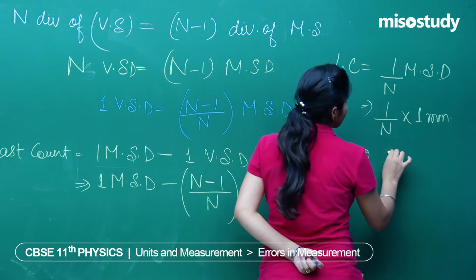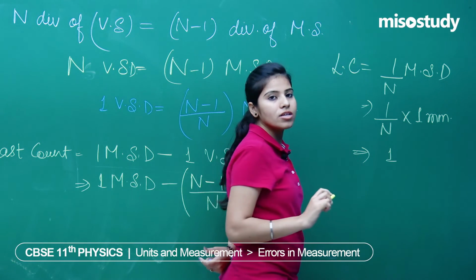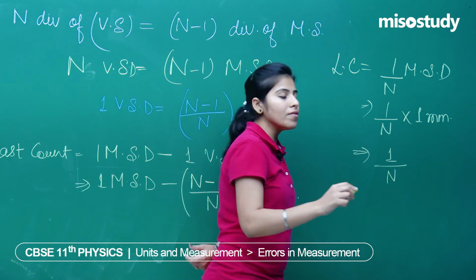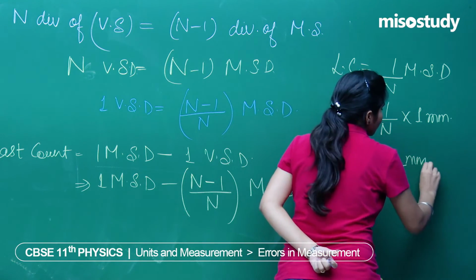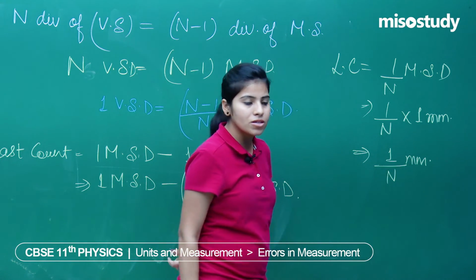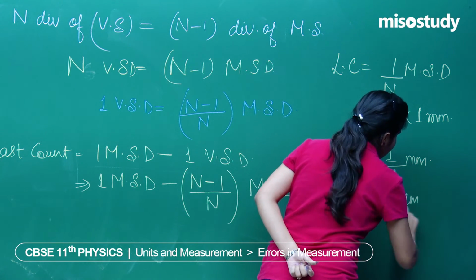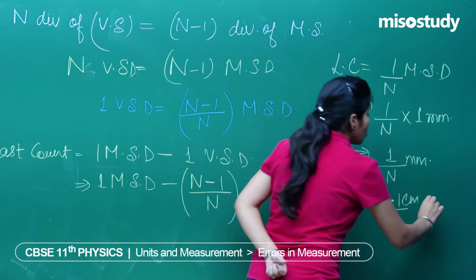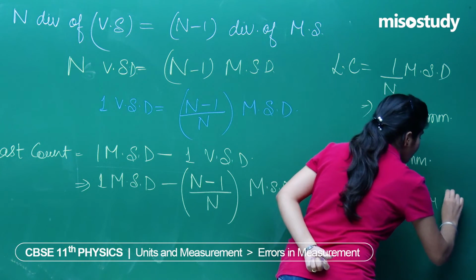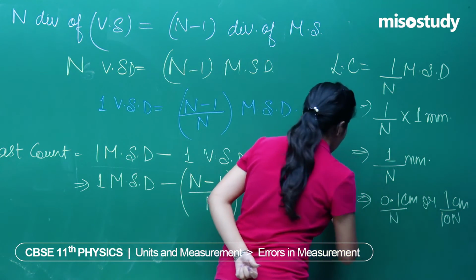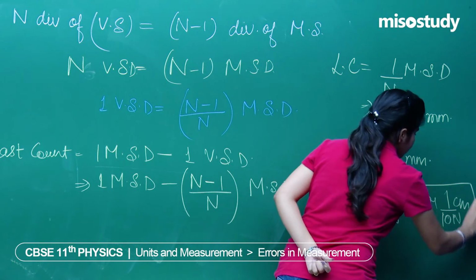If we want the answer in terms of millimeter, we will have 1 by n. If we want the answer in centimeter, you can write this as 0.1 centimeter by n, or further we can write it as 1 upon 10 n centimeter as our least count.